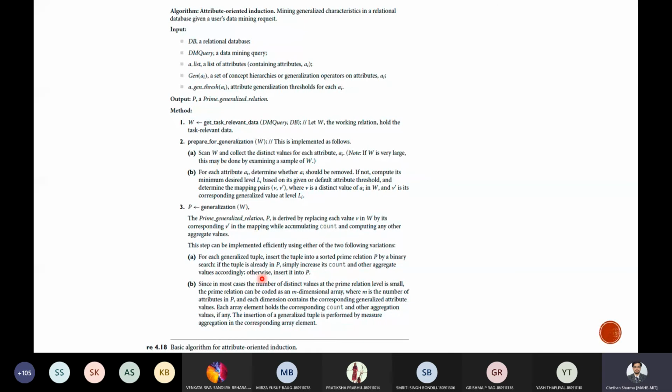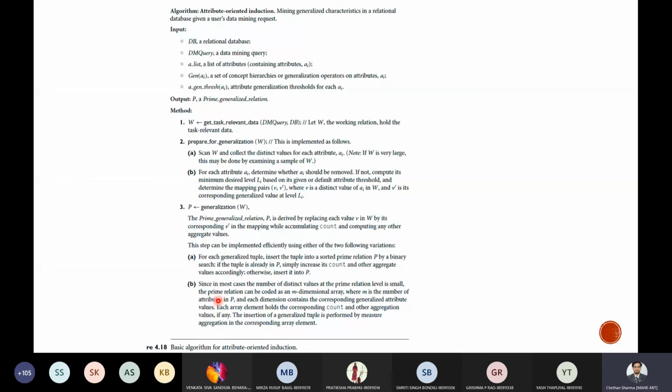So the total time complexity would be, first of all, you have to search the tuple in this working relation, and you have to insert. So the total time complexity would be O(W log P).